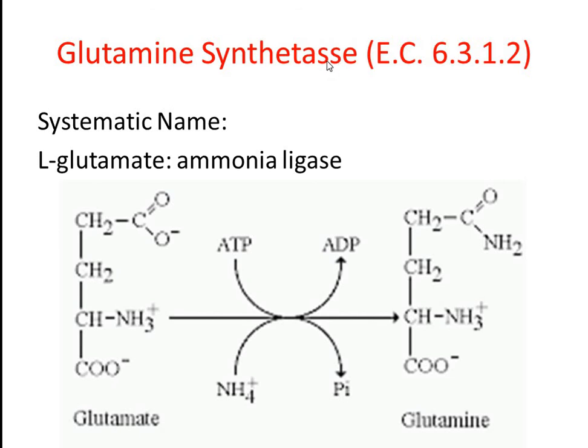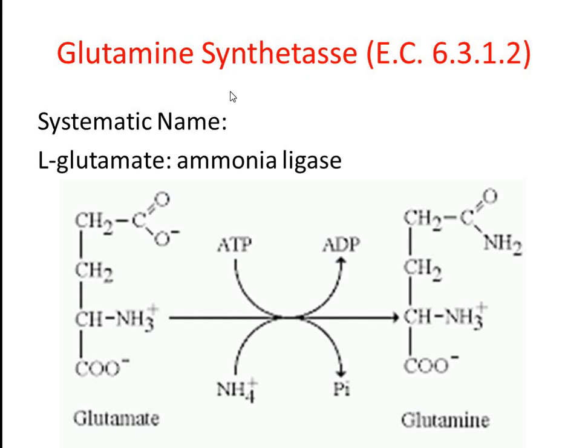Sorry, here I have written it 2 times, it is only 1 time, which is indicated by EC number 6.3.1.2, and which can be written by systematic name L-glutamate ammonia ligase. Now see, in case of lyases, the names end with synthase, whereas in case of ligases, the name ends with synthetase.